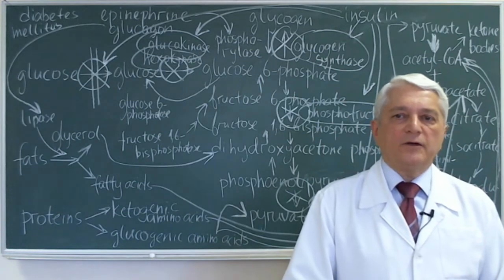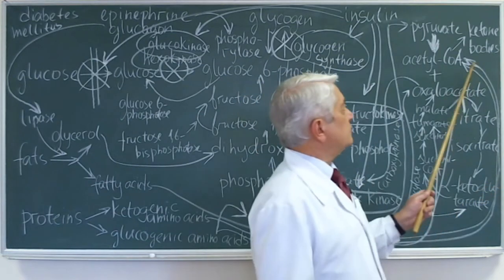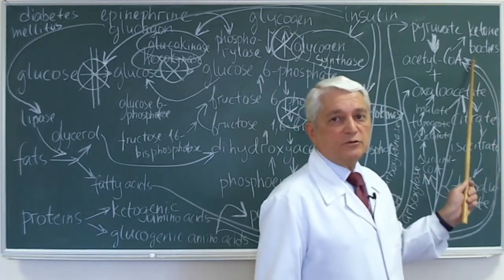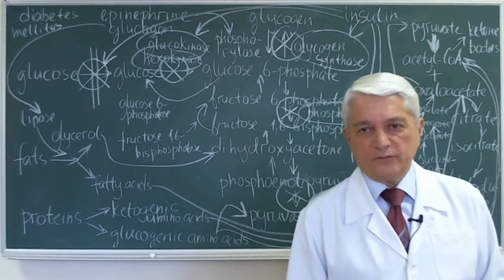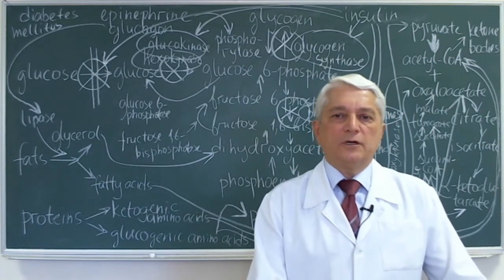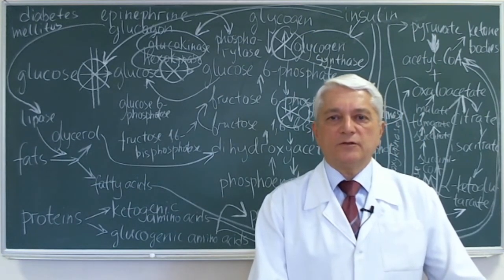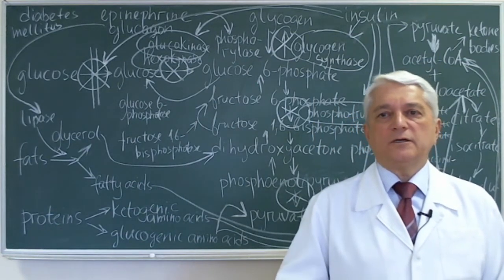Another coma can be caused by a high concentration of ketone bodies, because ketone bodies are acids and the pH of the fluids of the organism changes, and this also influences the function of the brain.